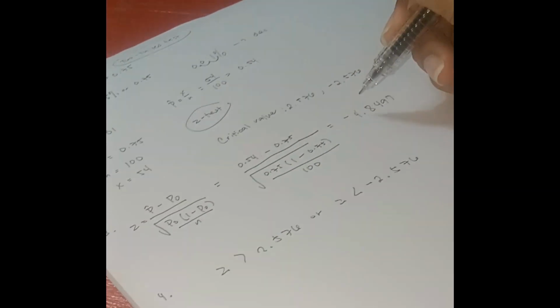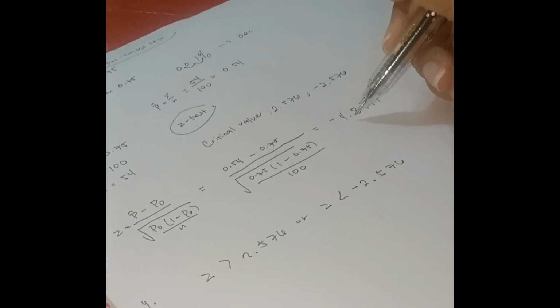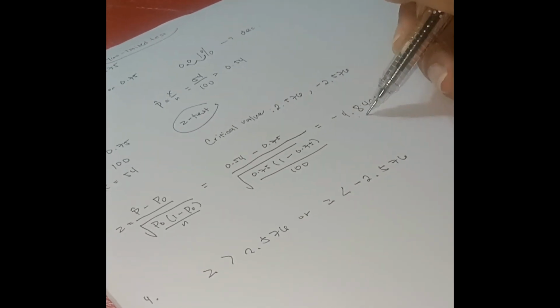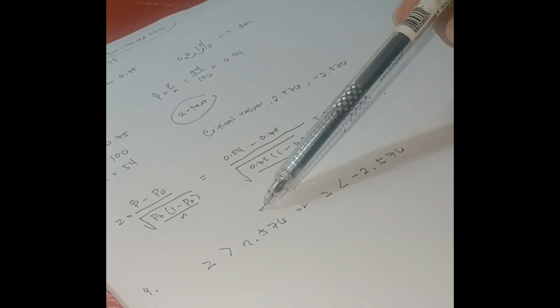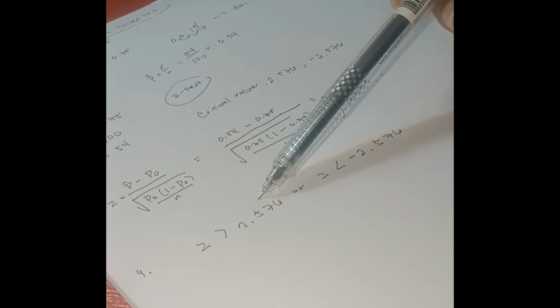So next, magde-decide na tayo. Since two-tailed yan, reject the null hypothesis if Z is greater than 2.576 or Z is less than negative 2.576. So, itong negative 4.8497, mas malaki ba siya dito sa 2.576?